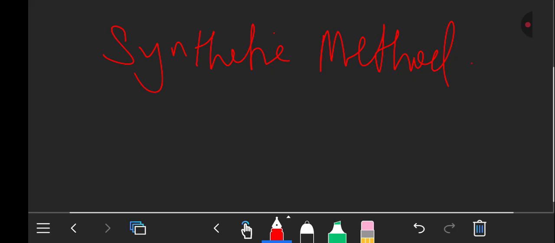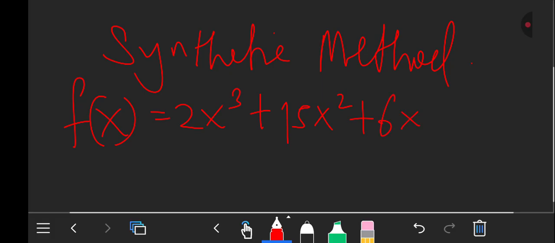Okay, let's have an example whereby you have, let's say, f of x is equal to 2x squared plus 15. Okay, so this is a polynomial, so it should be 2x cubed, then plus 15x squared, then plus 6x minus 7.